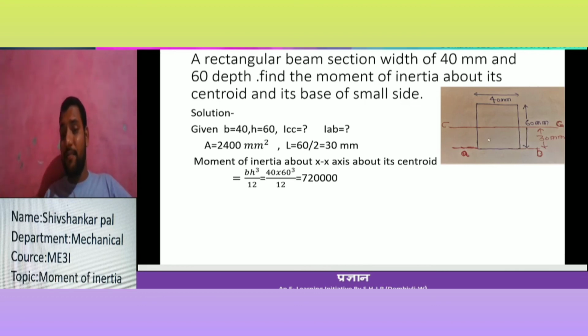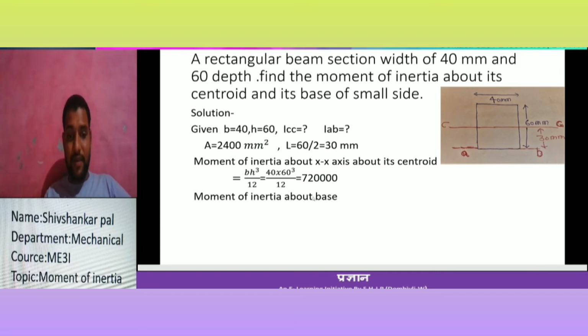The parallel axis theorem says that the moment of inertia about the AB axis equals the moment of inertia about the centroidal axis plus the area of the section times the square of the perpendicular length between the centroidal axis and the axis where you find the moment of inertia. The length between the AB axis and the CC axis is 30, that is L squared.